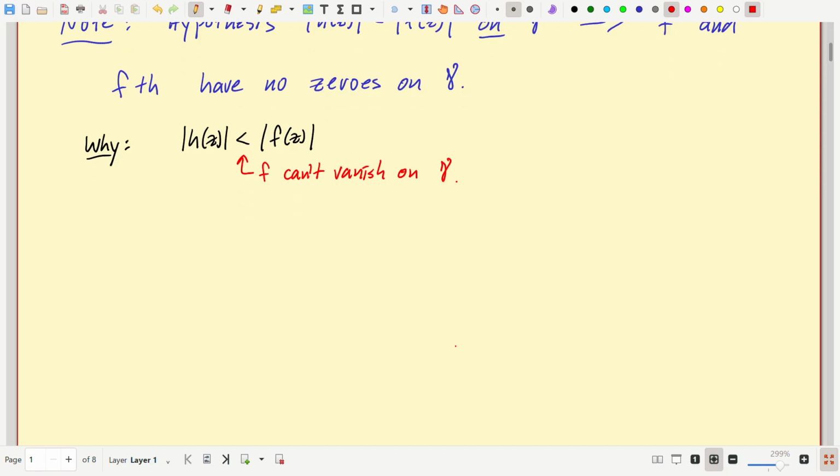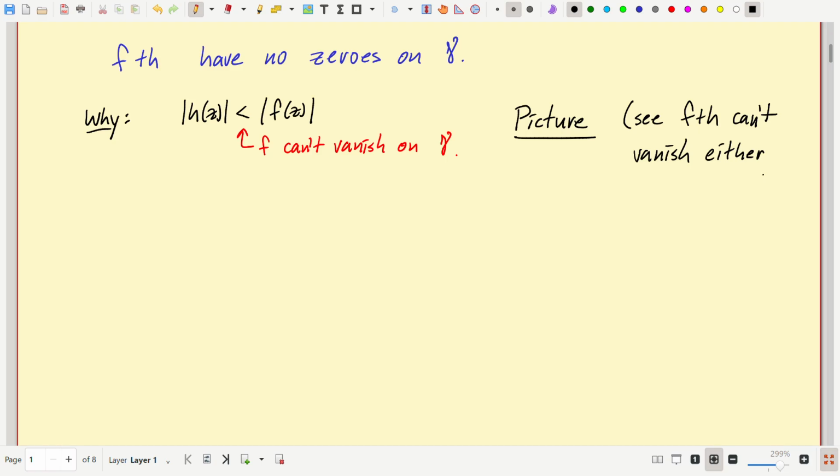So the important picture that gives you the geometric interpretation of this thing. Okay, so here's the picture. This is a picture proof. It's not going to be a proof.